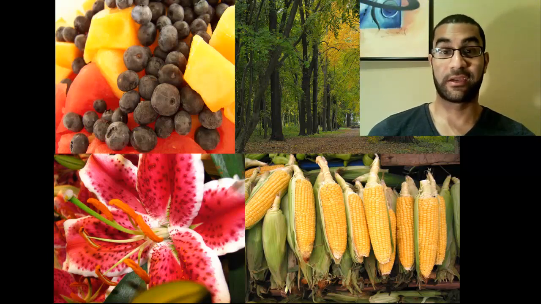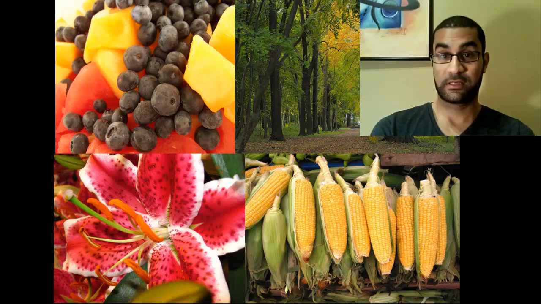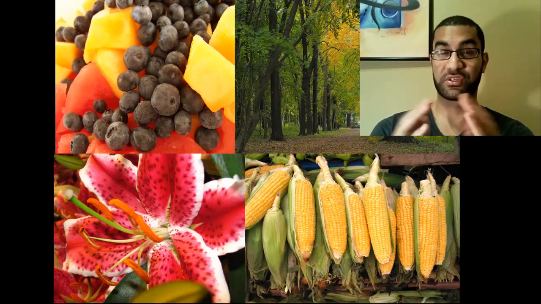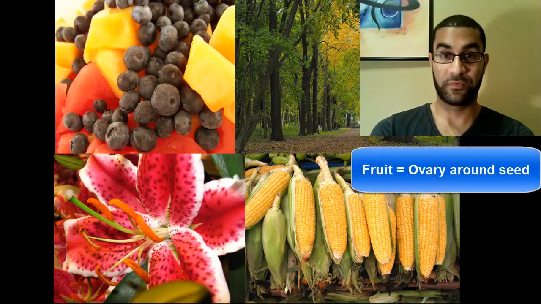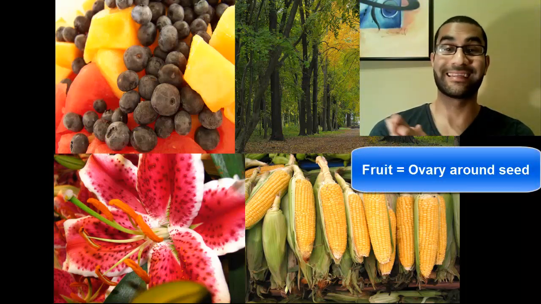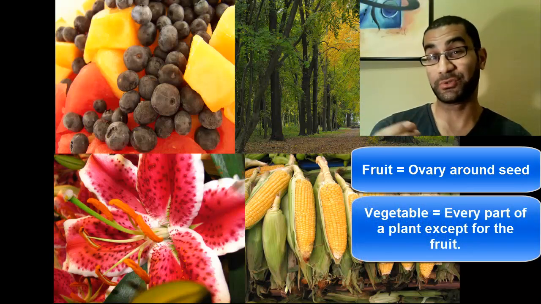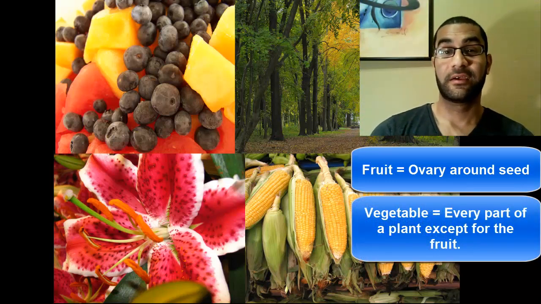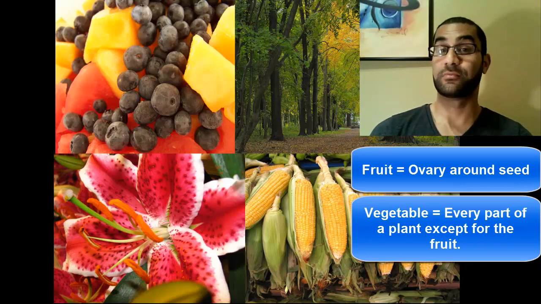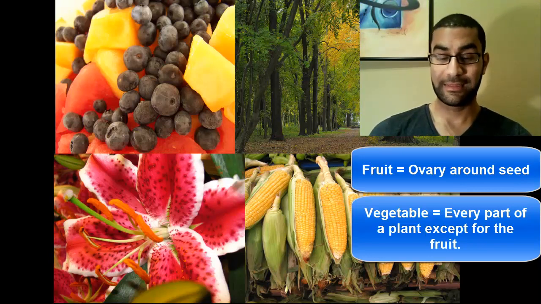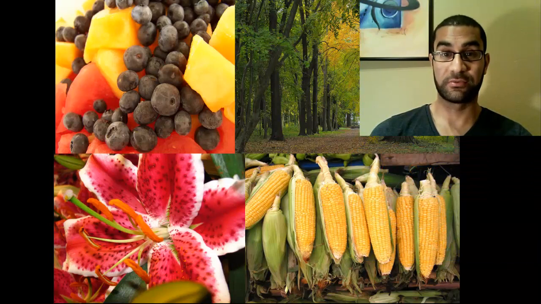That's probably how you categorize fruits and vegetables. The reality is, let's break it down. A fruit is the ovary, or the fleshy tissue that surrounds a seed, right? Whereas a vegetable is every other part of that plant, which actually includes the seed itself, right? All of those things are actually vegetables. So that's the true definition and the distinction between a fruit and a vegetable.